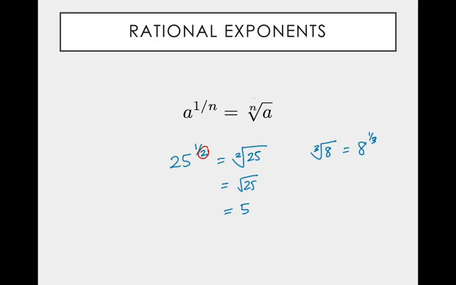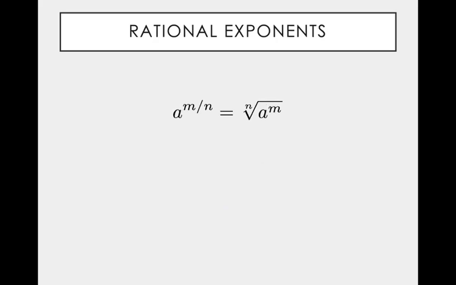All right, and then we kind of expand that with this rule. So if instead of having in the last one our rule was a to the 1/n, was the nth root of a. Okay, if instead of a 1 up top here, you've got an m, that m goes inside as the exponent on the a. Right?